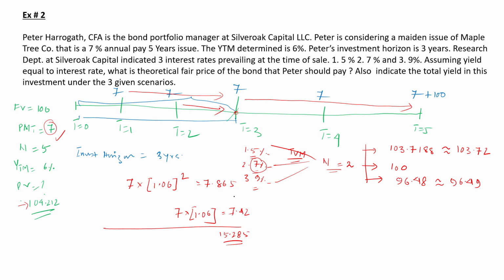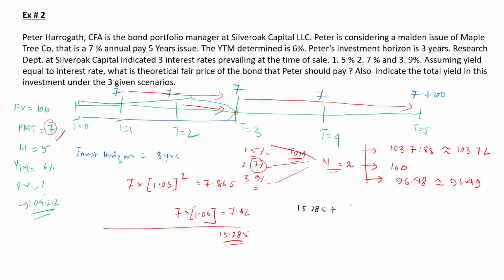And at the end of his investment horizon, or holding period horizon as it is known, he can expect a total of 15.285 from the reinvestment proceeds of the coupon, and 3 different prices depending upon what the market interest rate would be. It is but natural that all we have to do now is to do this math.